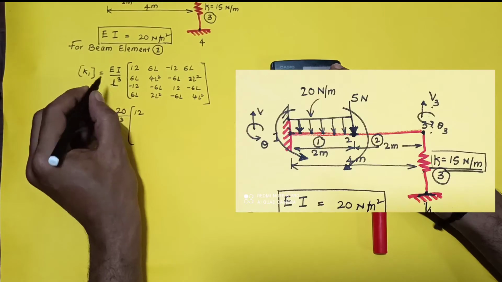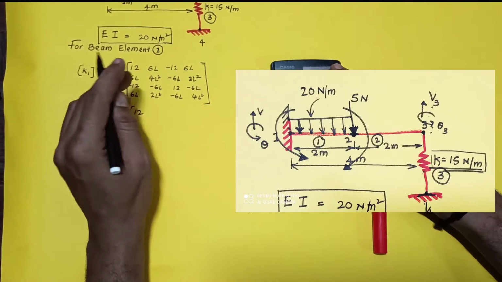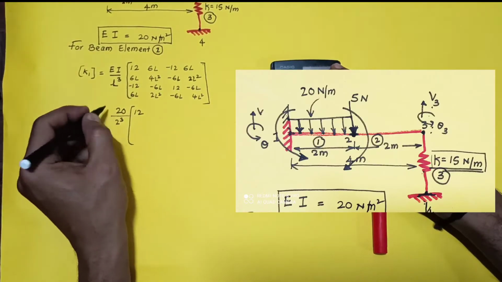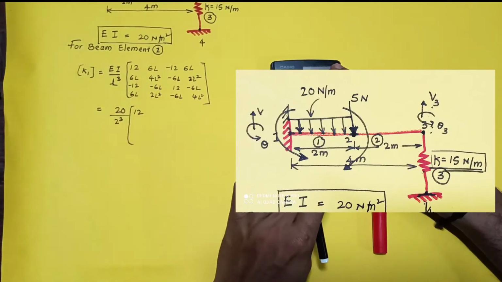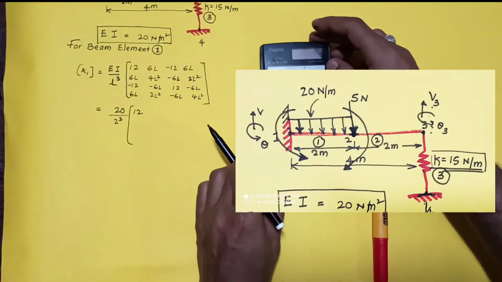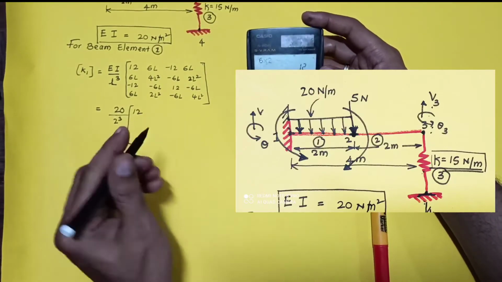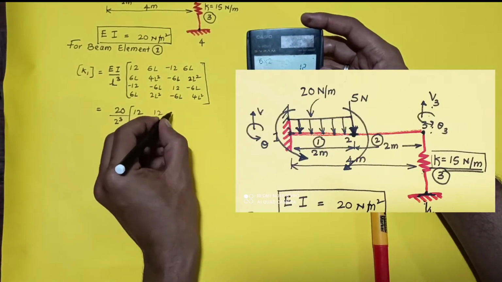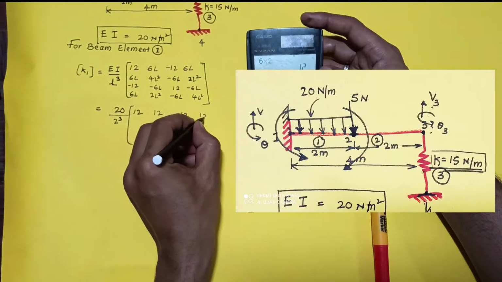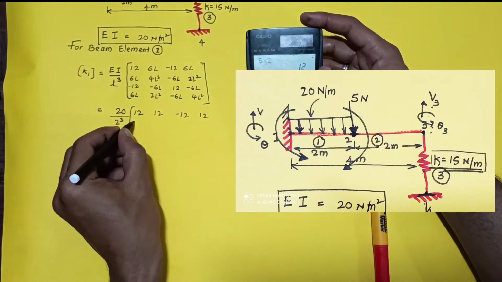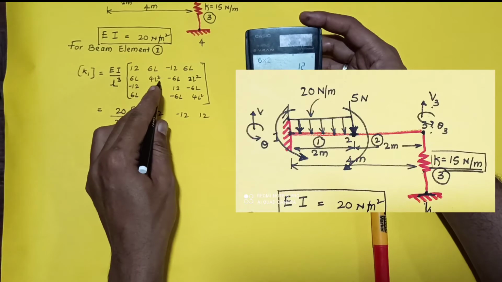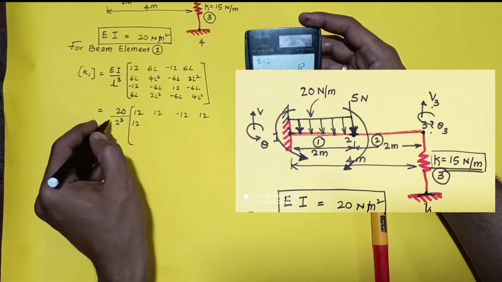This capital L you can take to avoid confusion. So 6 into L, where L is 2, so it will be 12 again. Minus 12, and 6L is again 12. Then 4L square, and L square is 2 square.